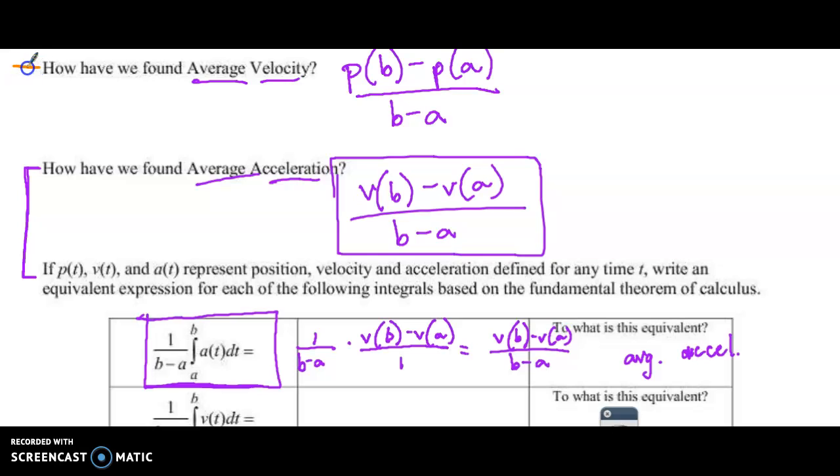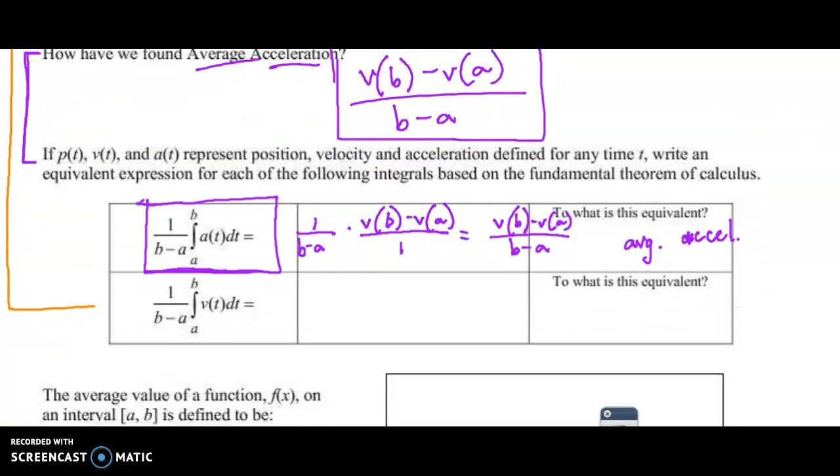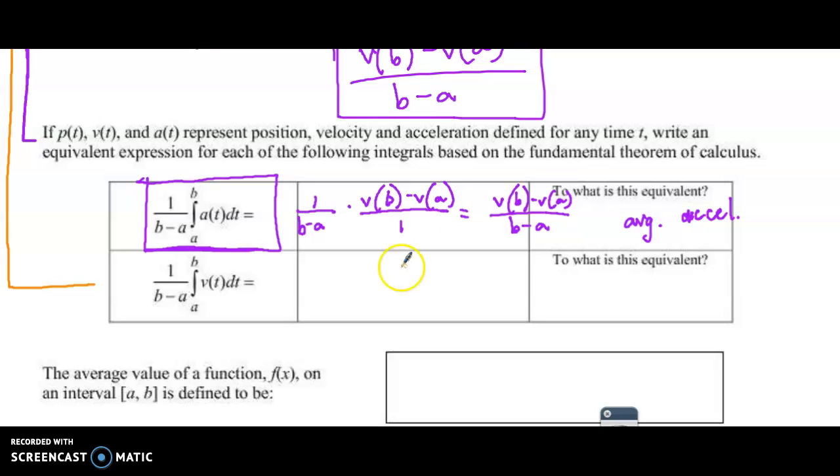velocity. If you're given position graphs or a position table and asked for average velocity, then use this formula up here. Otherwise, you might have to use this formula down here, and all the work is the same because the integral from A to B of v of t dt is P of B minus P of A over B minus A, which is equivalent to average velocity.